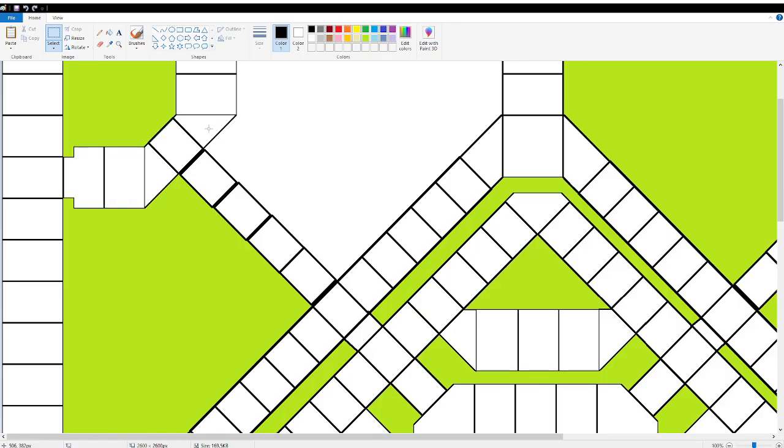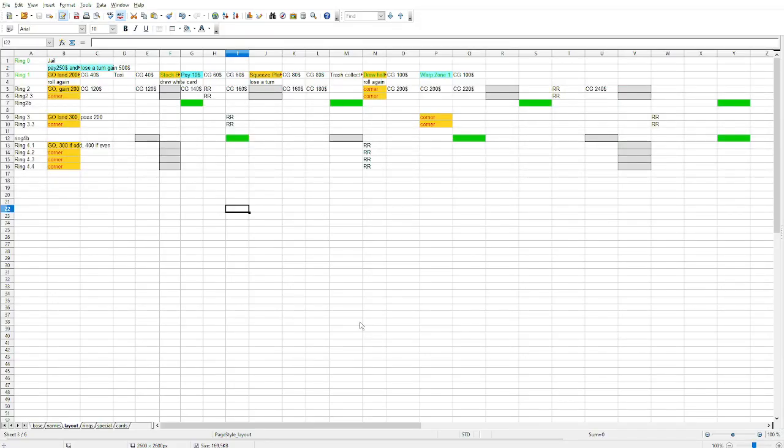Anyway, that's what the gray spaces are. I haven't figured out names for railroads, but I've figured out where all the railroads are going to be for now, unless I change my mind again.